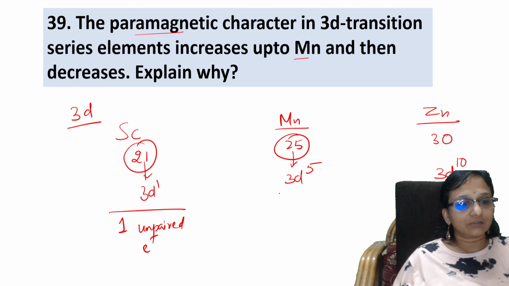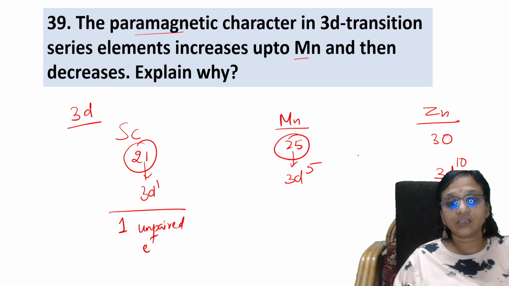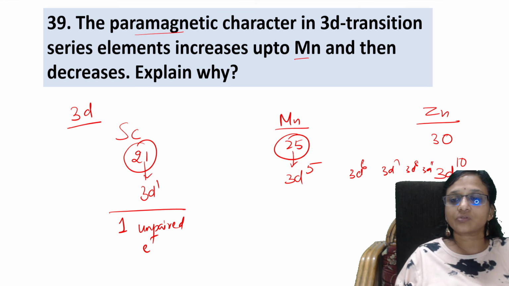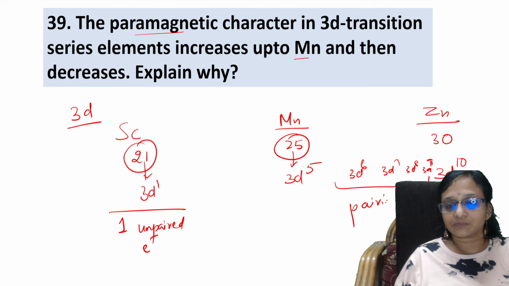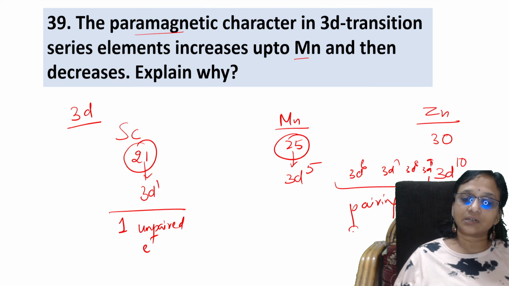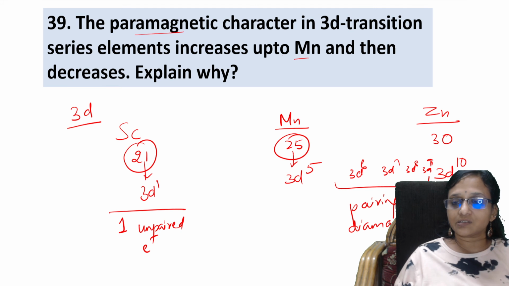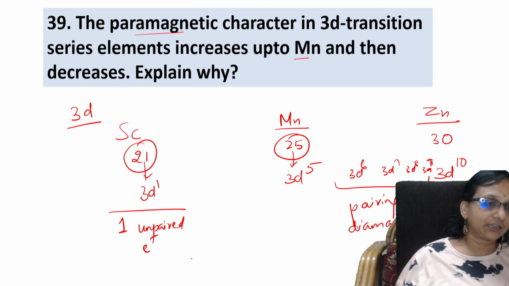When I come here, gradually, slowly, from 3d6, 3d7, 3d8, 3d9, like that, what is going to happen? After manganese, pairing starts. When pairing starts, what is important? Diamagnetism increases. Diamagnetism, the magnetic property, starts increasing. Correct?